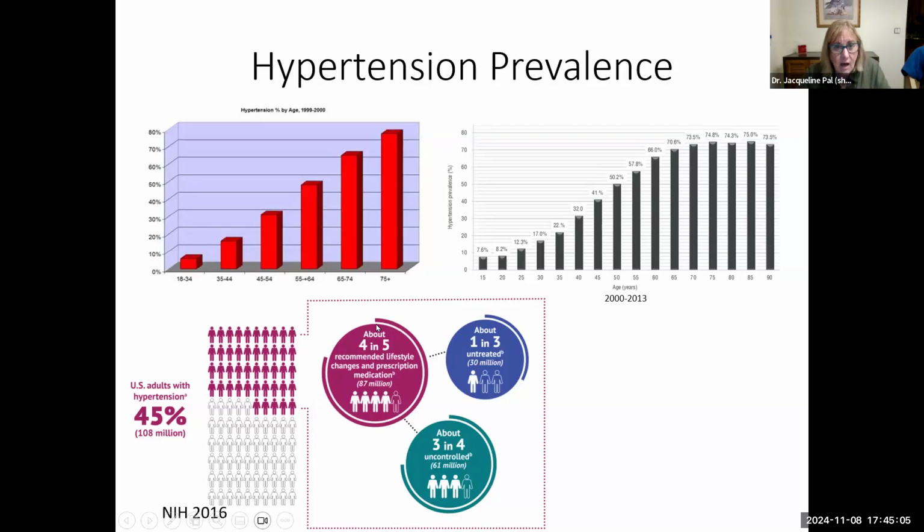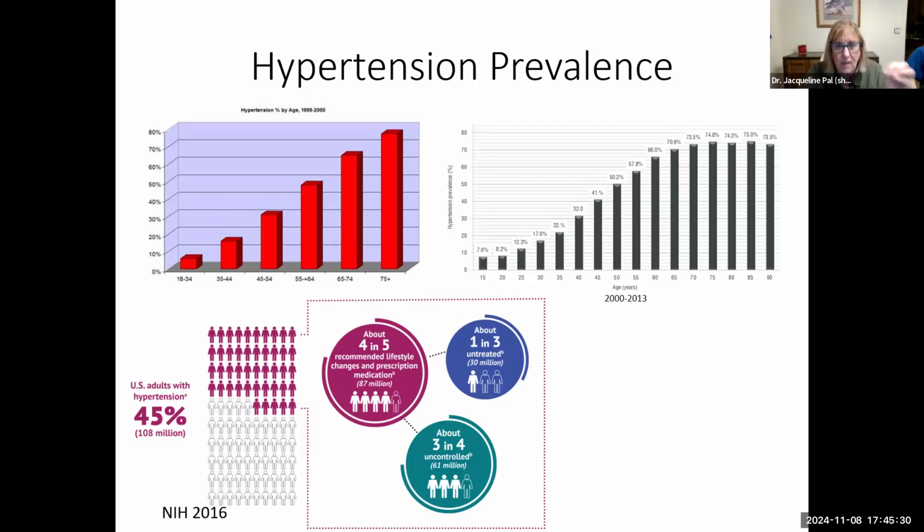Now, 87 million Americans have been given recommended lifestyle changes or prescription medication for their high blood pressure. So 80% have been diagnosed and have been told: do this lifestyle recommendation, change your diet, start exercising, start walking, and take this medication.